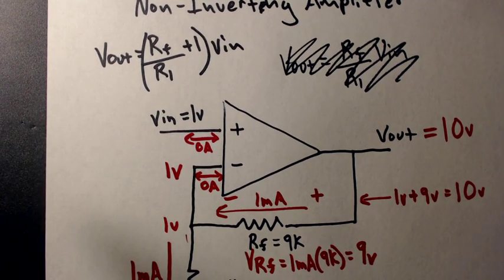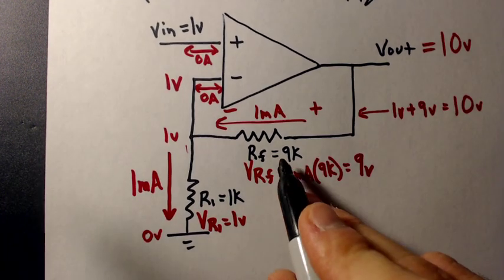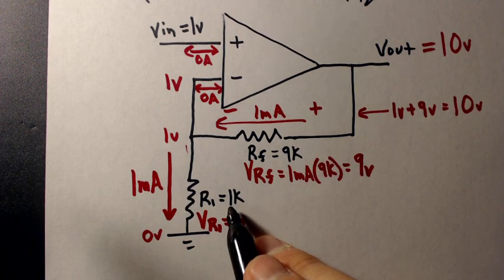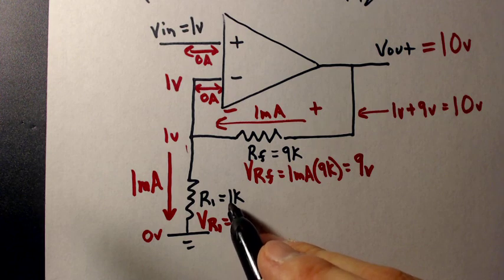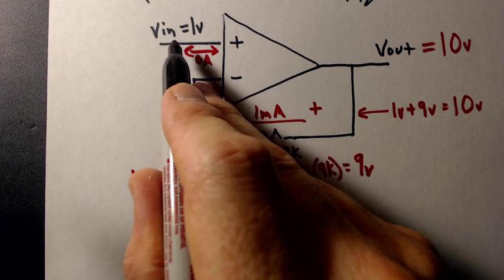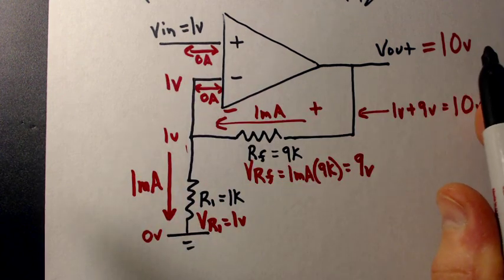So our gain is dictated by the ratio of these two resistances. 9K divided by 1K gives us 9, plus 1 gave us 10. V in times 10 gives us a V out of 10 volts.